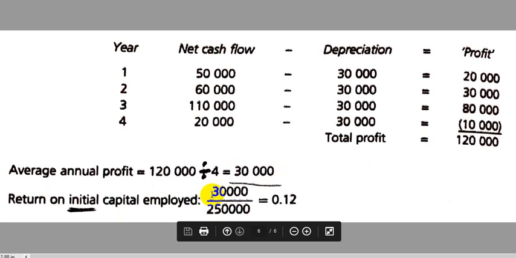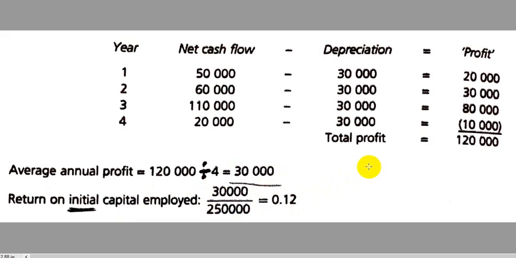The numerator will be the same, 30,000, but the denominator will not be this amount, will be the capital expenditure minus scrap value divided by 2 plus the scrap value plus the working capital. You can find this equation in your book at page 42, and it is a little bit important for you to stress on.